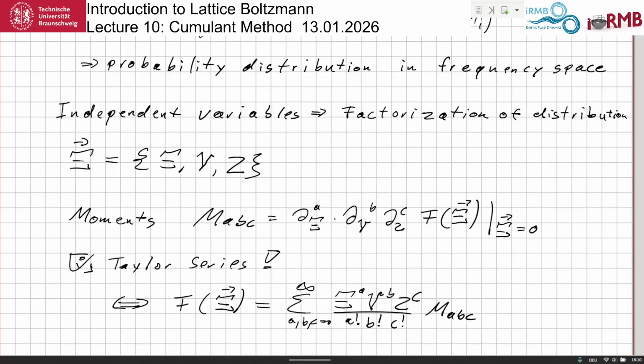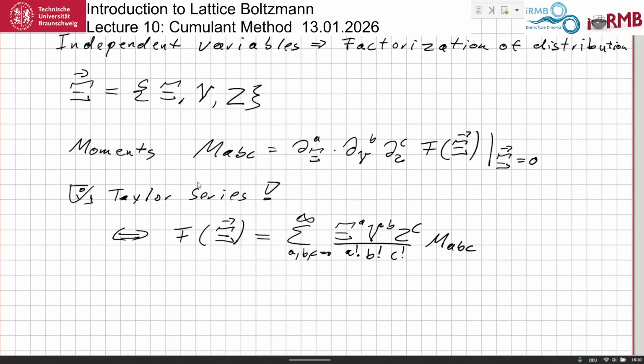Now we have variables, but we have a sum. We need a product over something. So how do we turn a sum into a product? I give you some time for thinking.